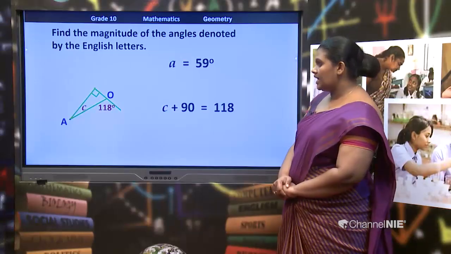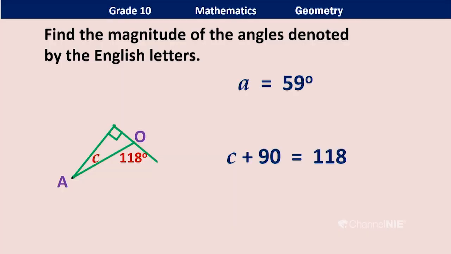Right. Here, I can say the sum of C and 90 degrees is equal to 118 degrees. Why is that? Previously, we have learnt a theorem: the magnitude of the exterior angle is equal to the sum of the interior opposite angles.